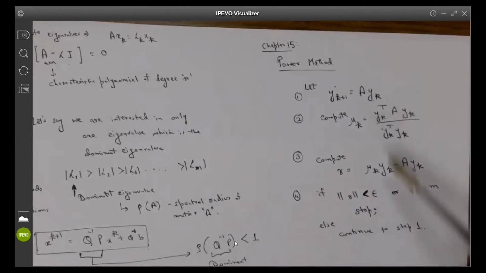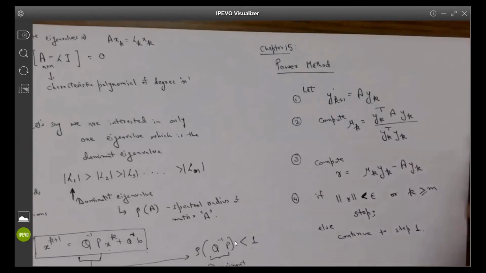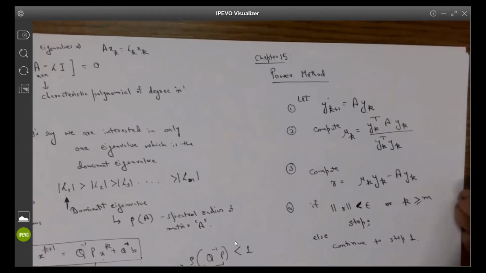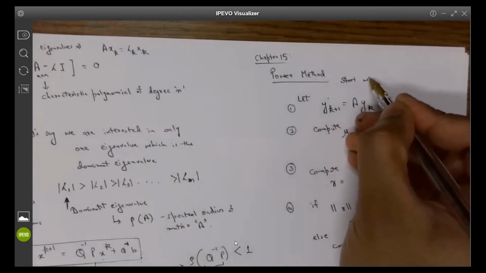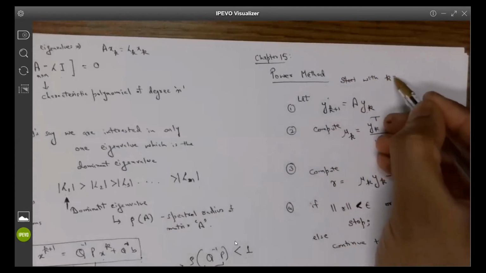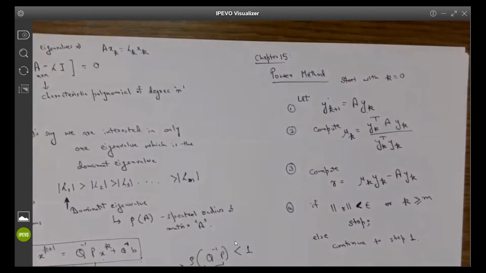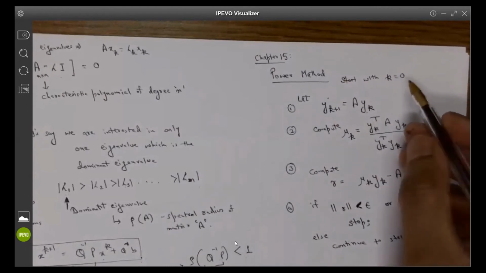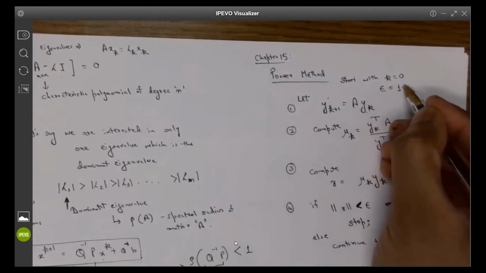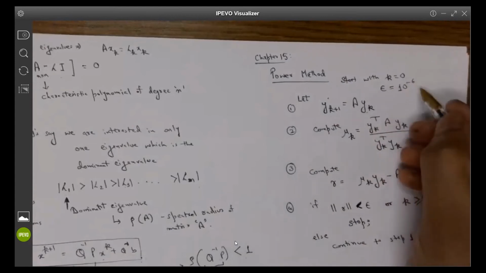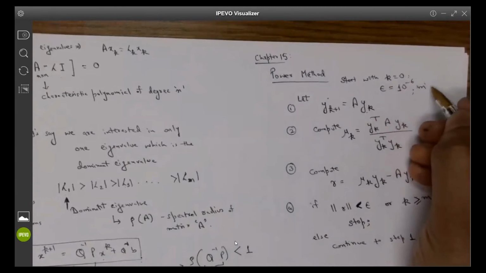I am just writing this algorithm and will explain what we are doing here. We start with k equals 0, and epsilon you can approximate as 10 raised to the minus 6, and m is the total number of iterations.